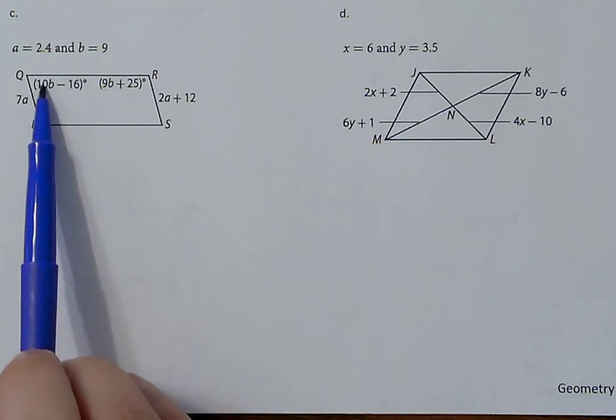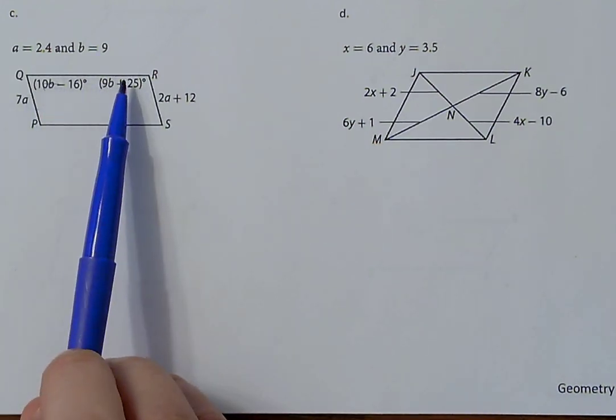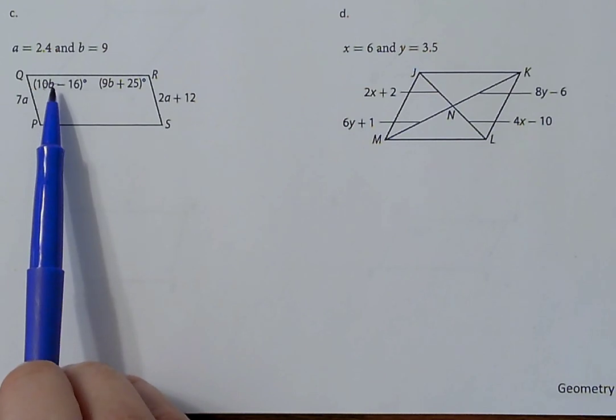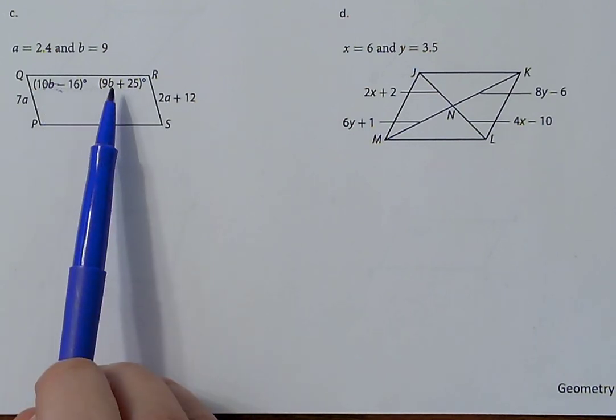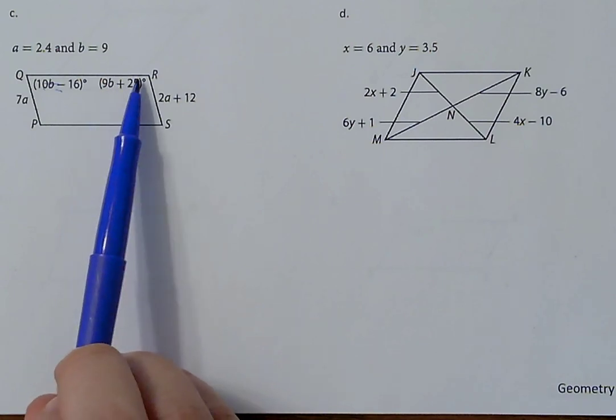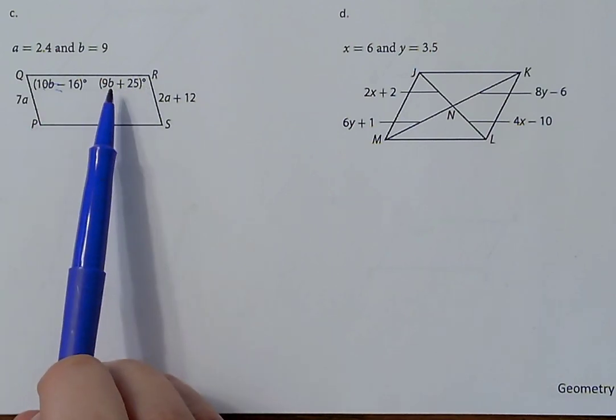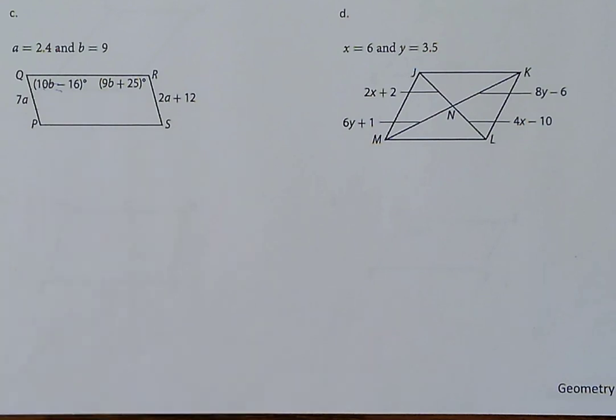And because these are consecutive angles, because they're next to each other, your goal would be to figure out if both of these add up to be 180. Not to see if they are congruent because they're not opposite each other, but because they're consecutive, you need them to add up to be 180.